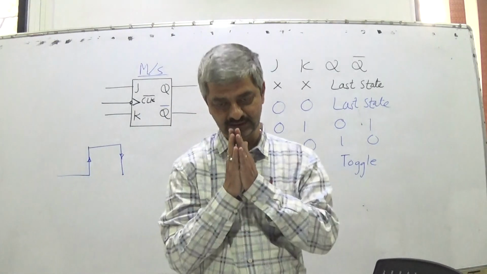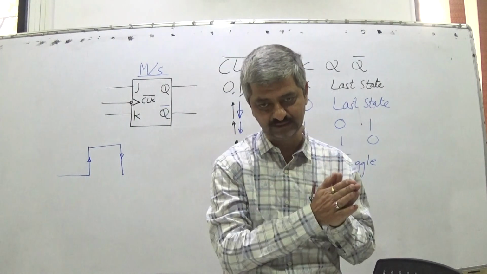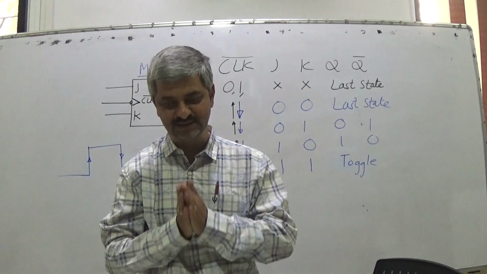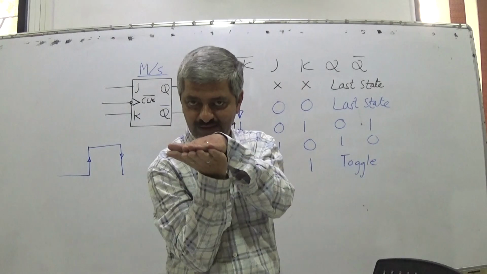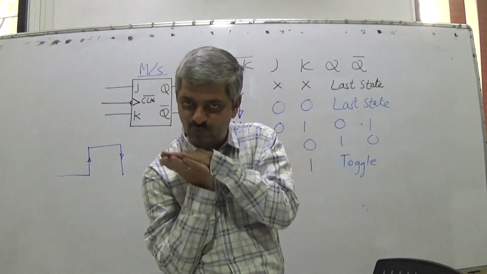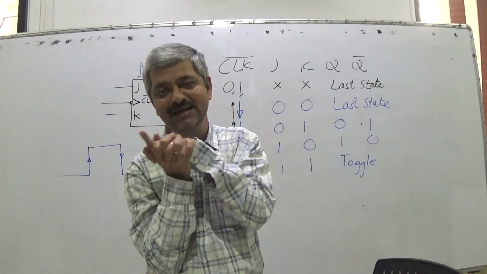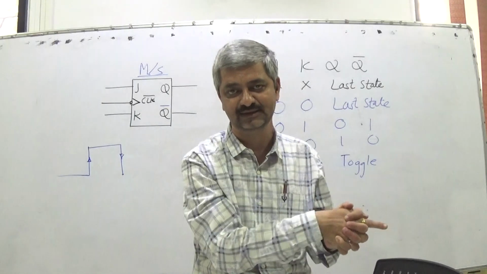Means if input is 0, 0, output is the last state. If input is 1, 1, output is the reverse of the last state. So for 0, 0 input, the last state is maintained. For 1, 1 input, the last state is toggled. Whereas when inputs are 0, 1, outputs are 0, 1 irrespective of last state.